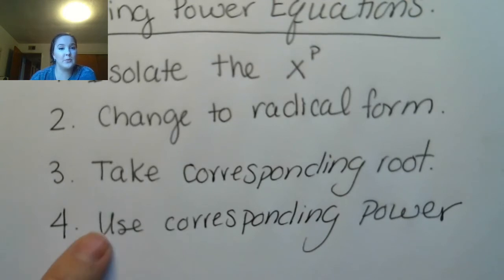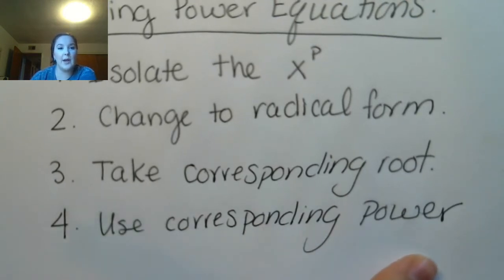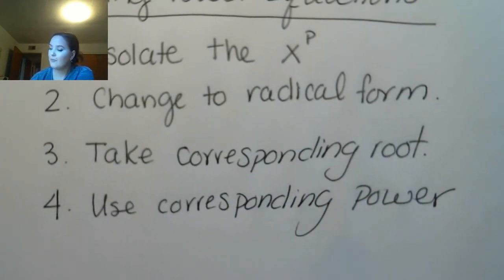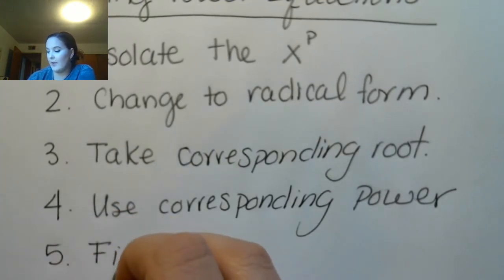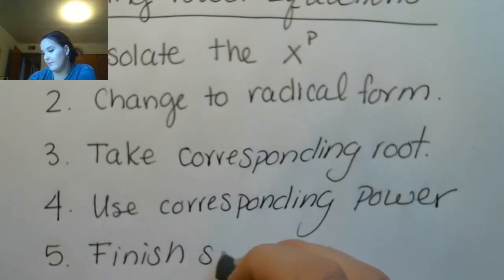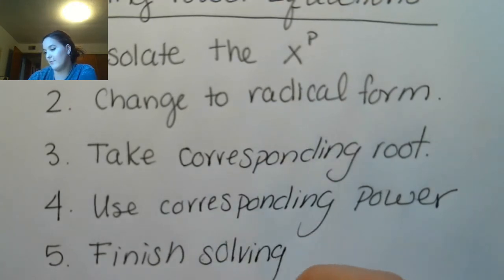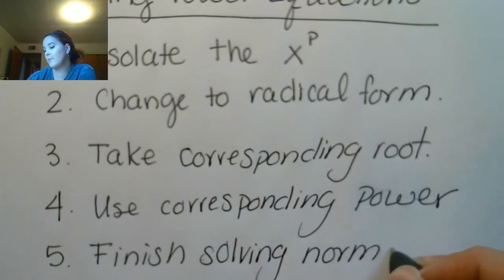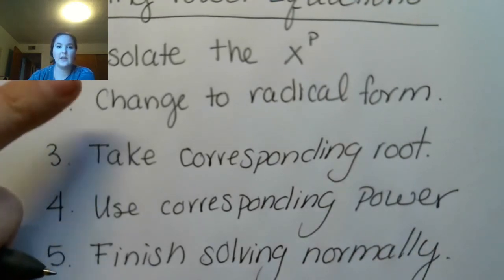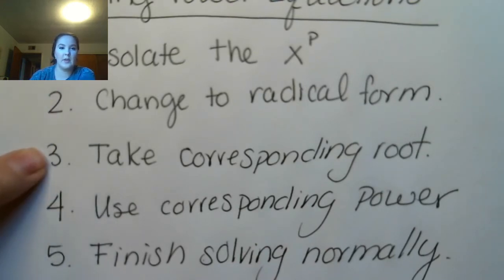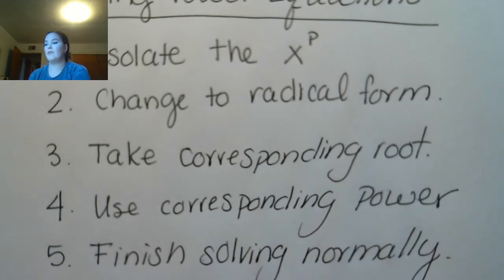When you have the cube root, what I mean by corresponding power is you would use the cube power. If you have a fourth root, you would use the fourth power. And then the last step is to finish solving normally, whatever that means for that problem. So we're going to isolate, change to radical form, use the root to get rid of the power, use the power to get rid of the root, and then finish solving.